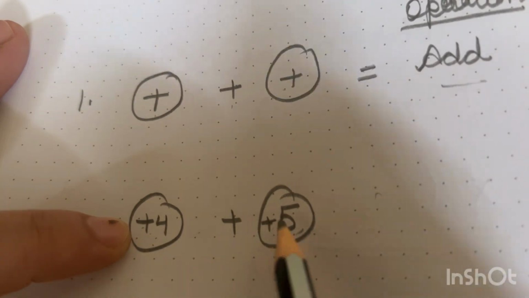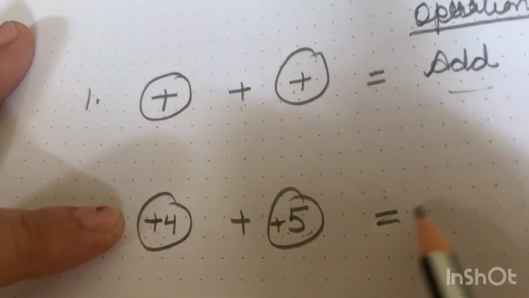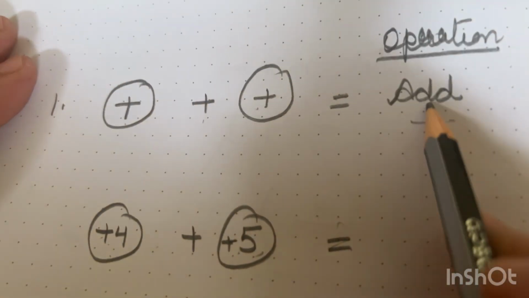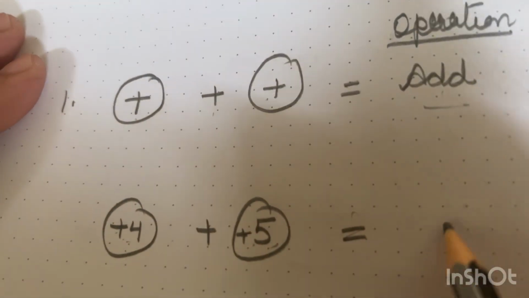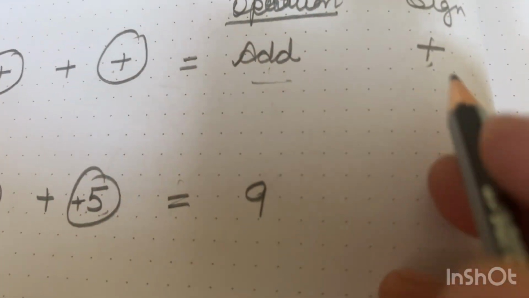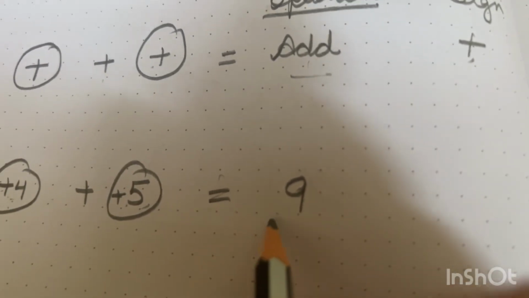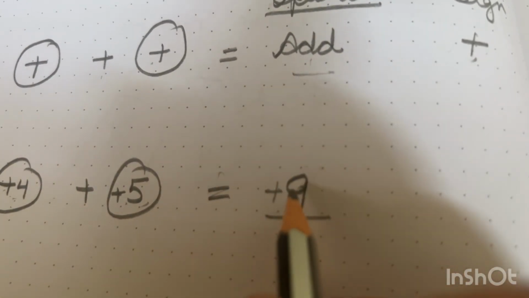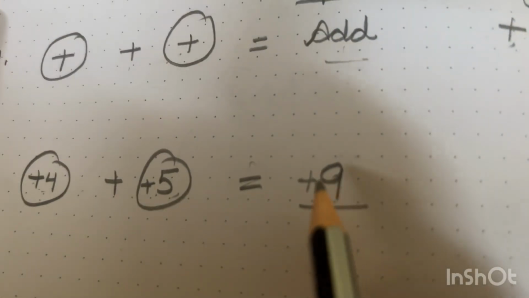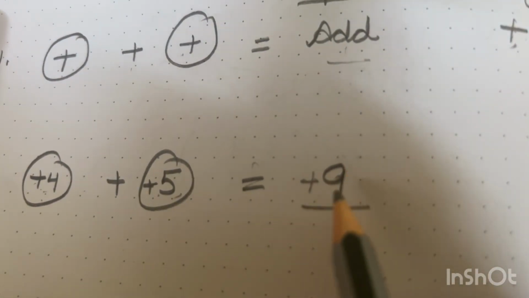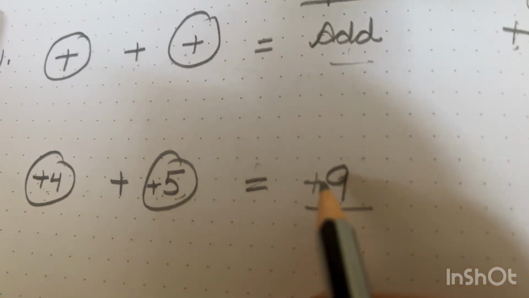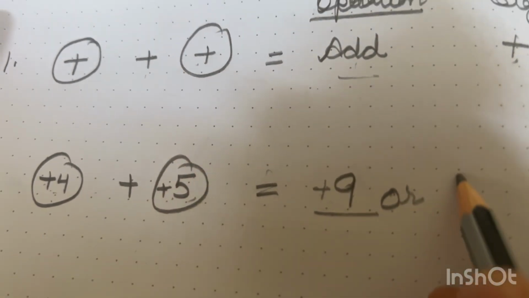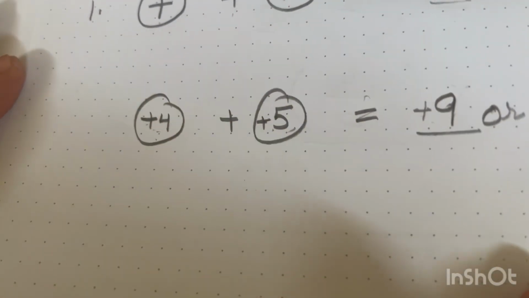That means both are positive integers. So what operation will we apply? We will add both the integers, 4 plus 5 is 9, and the sign will also remain positive. It means it will remain 9 only. You can write a plus sign before this, or you can skip the sign also. Again I'm repeating, no sign means the integer is a positive integer. So you can write plus 9 or simply 9. So this is rule number 1.